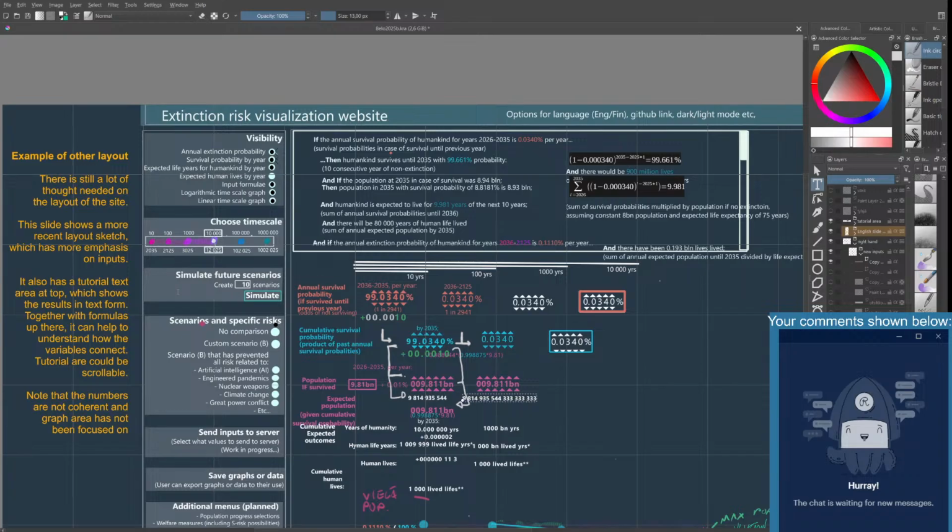I could have 9 trillion humans, so that could be 9 trillion lived lives here, when we have 1,000 years from now.